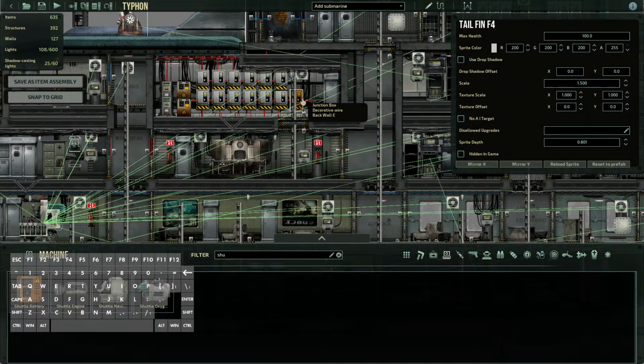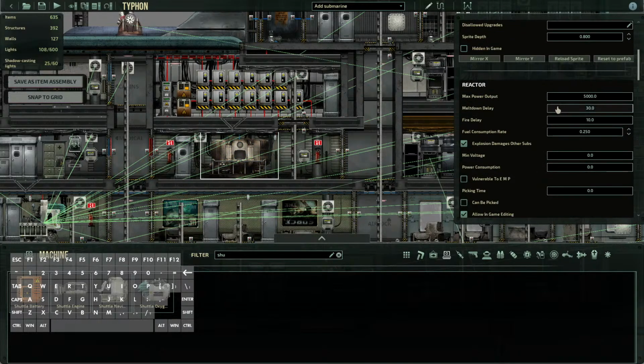Excellent. So, as I was saying, the reactor has 2 timers. When the temperature goes above 6,000, they both start at the same time. In this case, you have 10 seconds to get that reactor temperature down below 6,000 again before it catches fire.